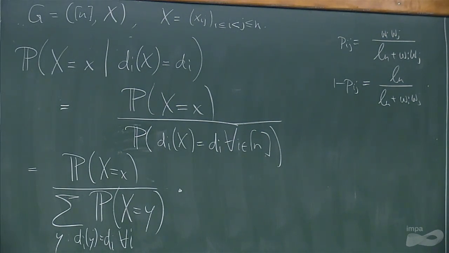Well, the little x actually specifies which Bernoulli indicators ought to be there and which Bernoulli indicators are not allowed to be there. Okay? So this is the product over all possible Bernoulli indicators of either p_ij when the x_ij is 1, or 1 minus p_ij when the x_ij is equal to 0.